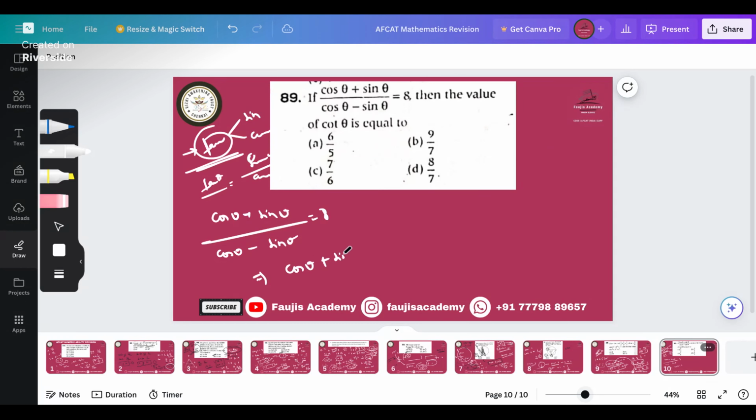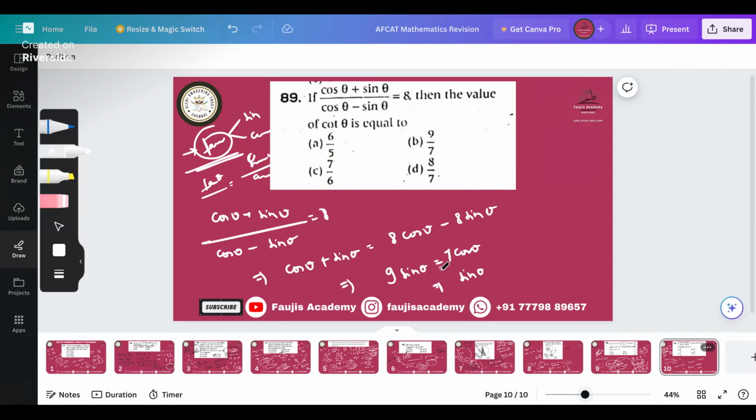Cos theta plus sine theta is equal to 8 cos theta minus 8 sine theta. So 8 sine theta comes over here to the left hand side. That means it becomes 9 sine theta. And then it will become over here 7 cos theta. Right. Then let's keep the sine theta over here.